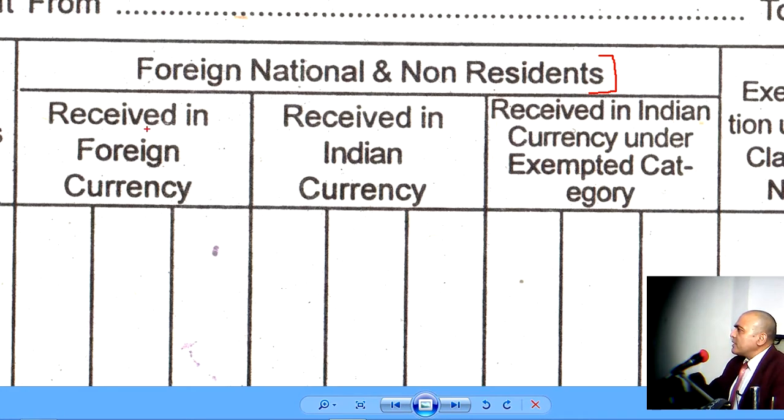So if you have received foreign currency from any of these people, we'll record it in this portion here.